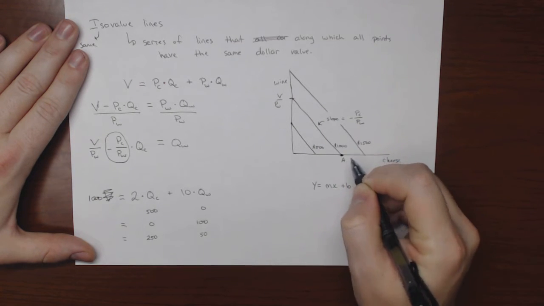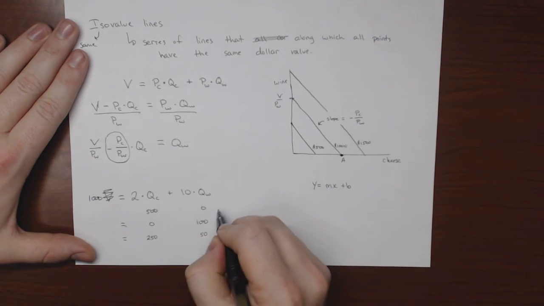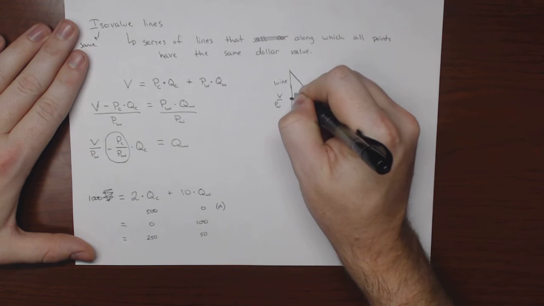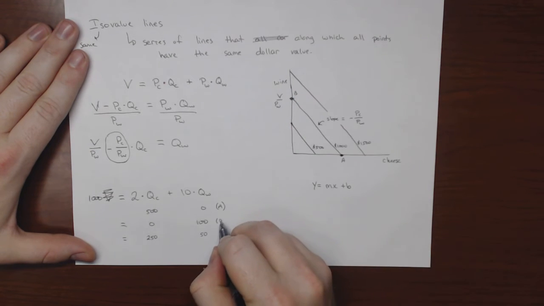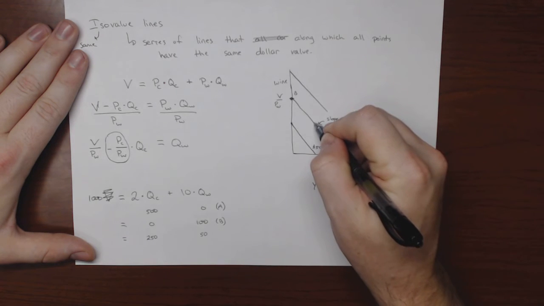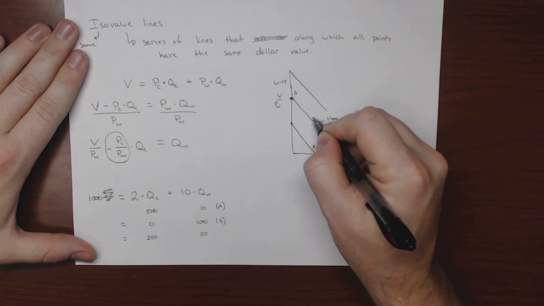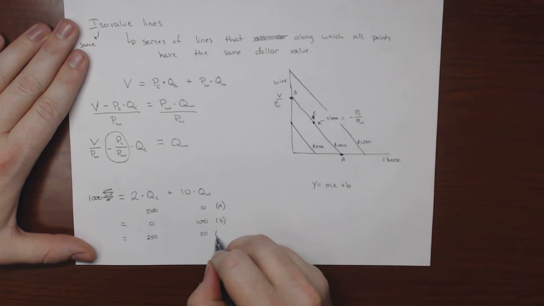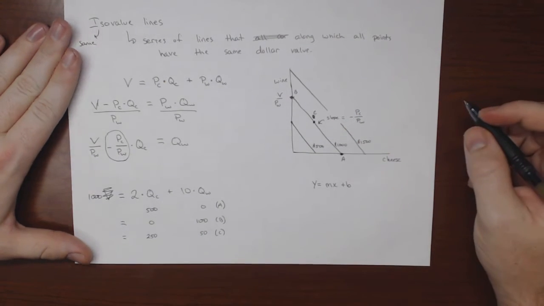Let's call this point A. That would be this here. We can call this point B. That would be this point here. And somewhere right around here would be point C. And that would be this one.